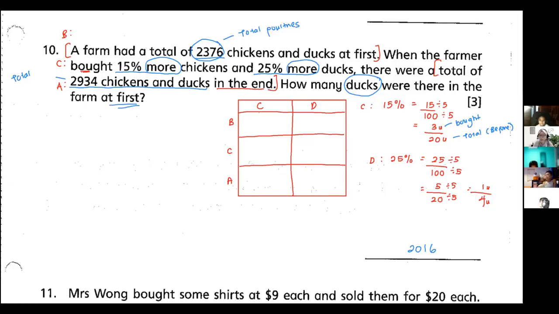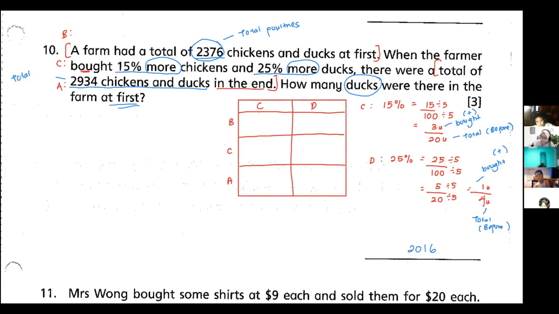But what happened is the farmer bought 3 more from that 20 unit. Okay, so add on to the 20 unit. So this bought means plus. Same goes here. This one means bought, which is plus. This is the total, which is the before as well. Okay, so I can pick and put easily.